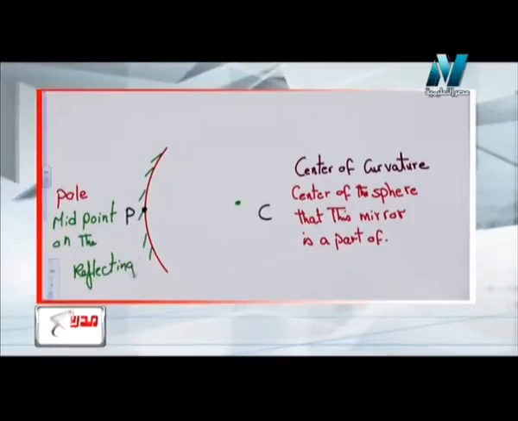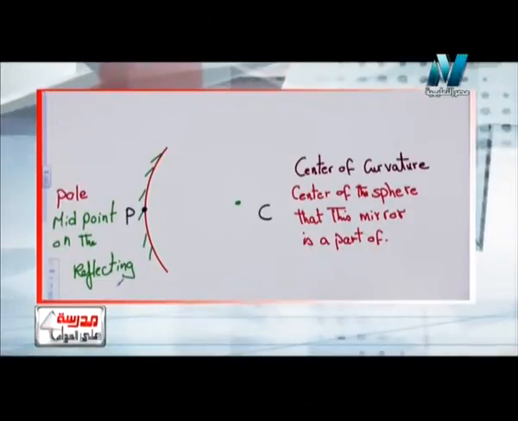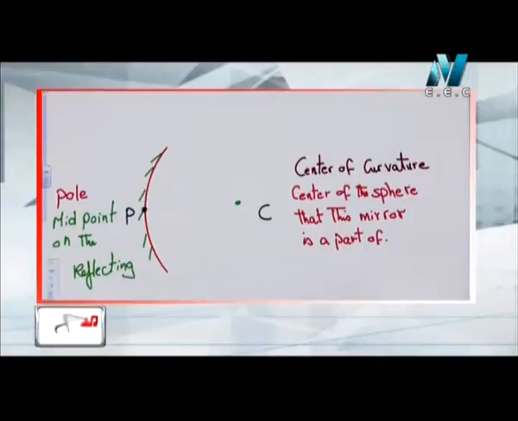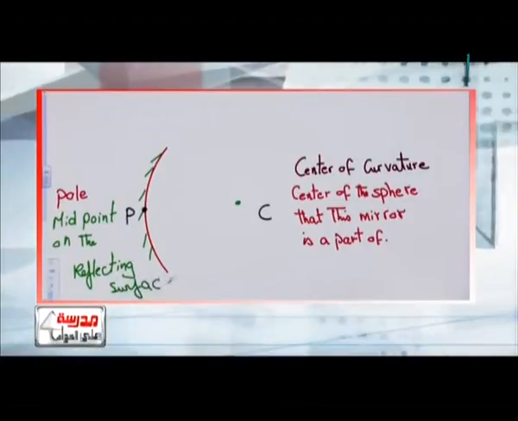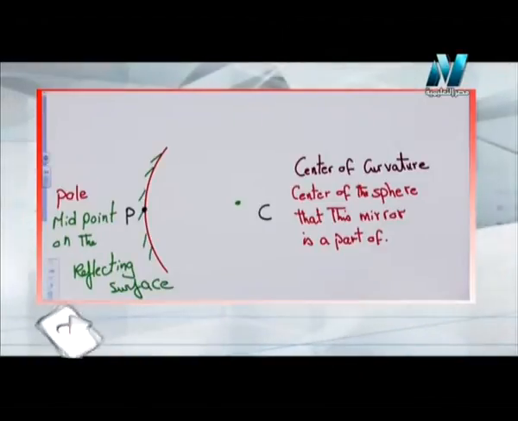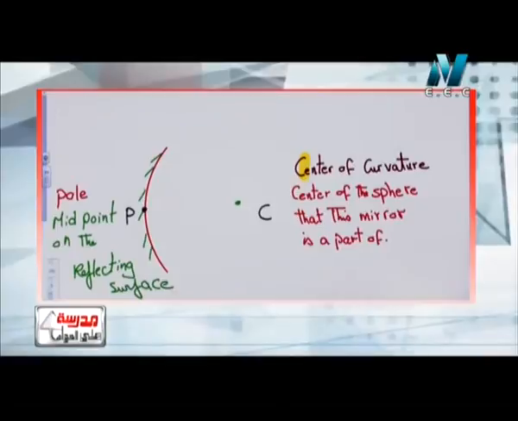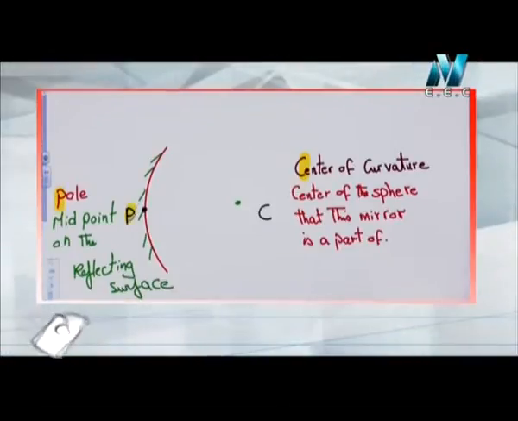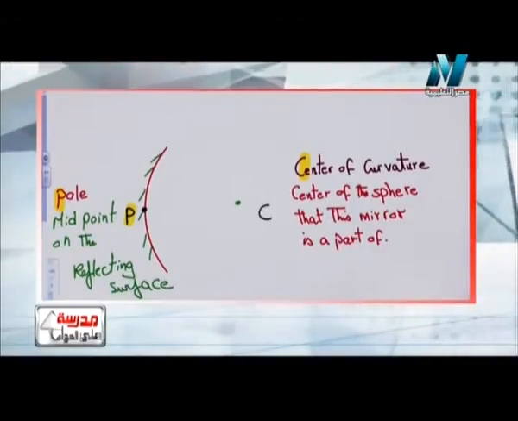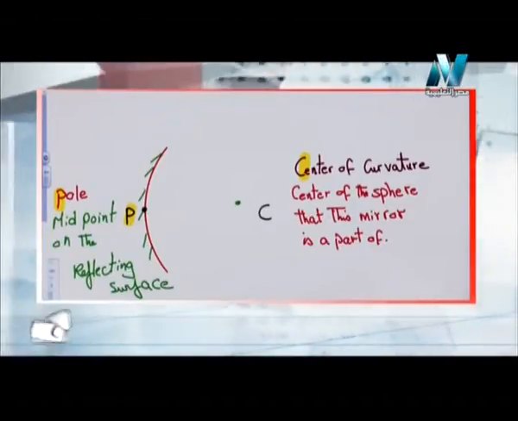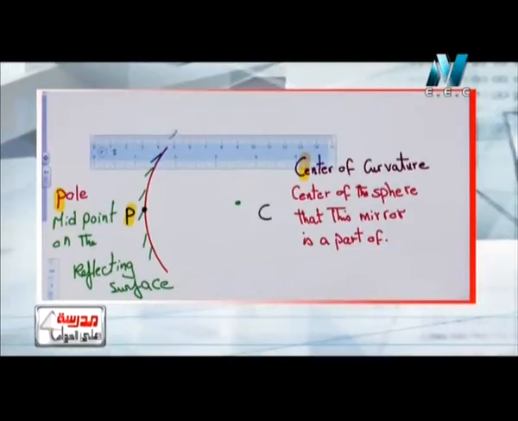So these points do not exist in the plane mirror. So we know what is meant by center of curvature as C, and pole of the mirror as P. Between C and P we can draw a line by using our ruler like that.